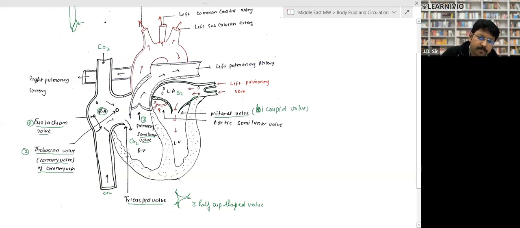From the left ventricle, blood goes to the aorta with the help of this wall. This is called the semilunar aortic wall. So this was the fourth wall. The semilunar aortic wall prevents the backflow of the blood from the aorta. So that's how the circulation of blood takes place in our heart.